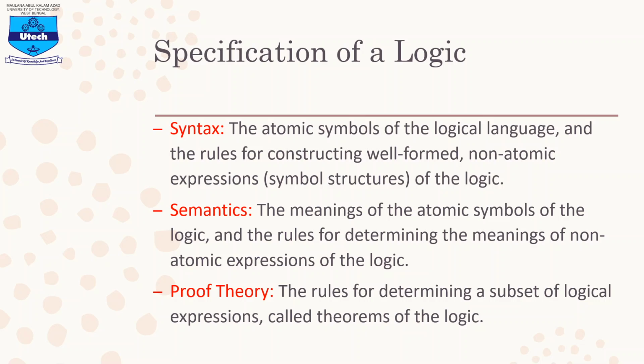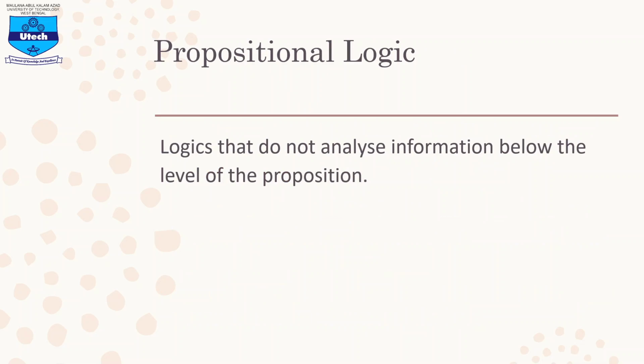Semantics: the meanings of the atomic symbols of the logic and the rules for determining the meanings of non-atomic expressions of the logic. And then third is proof theory: the rules for determining a subset of logical expressions called theorems of the logic. These are the three specifications of a logic.